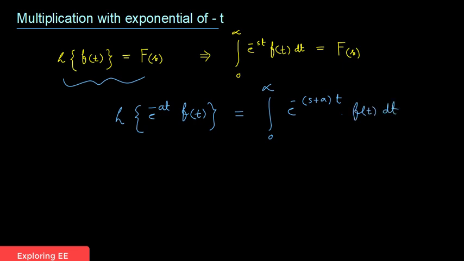So it can be written simply as F of s plus a. So this is the property. If Laplace transform of ft is Fs, then Laplace transform of e to the power minus at multiplied by ft is given by F of s plus a.